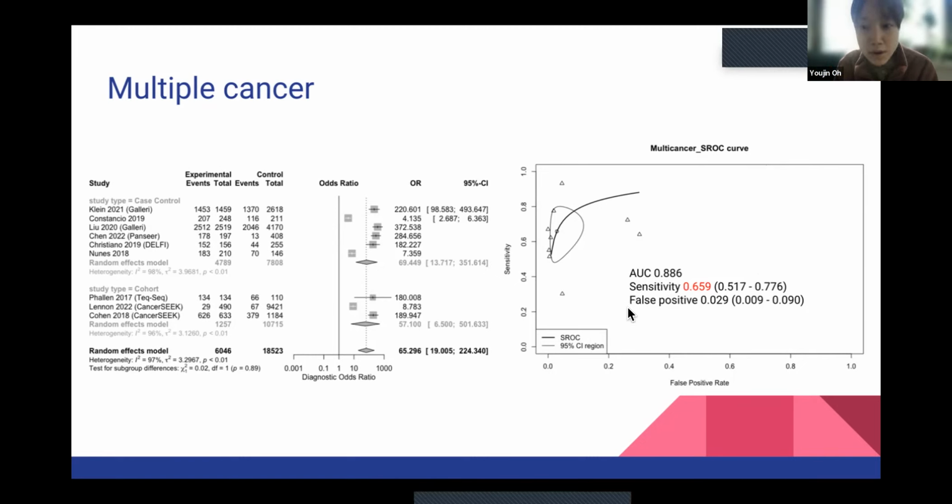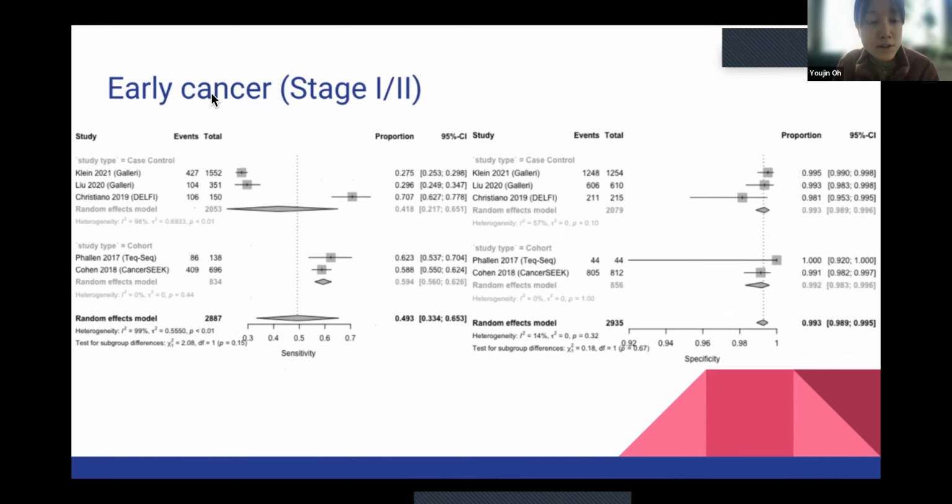Here I should put the DOR as well, but I have to figure out that number, and I'll update that. I'm thinking of changing this false positive rate into specificity, but if I don't need to, I'll just leave it as it is. And these are the results for early cancer.